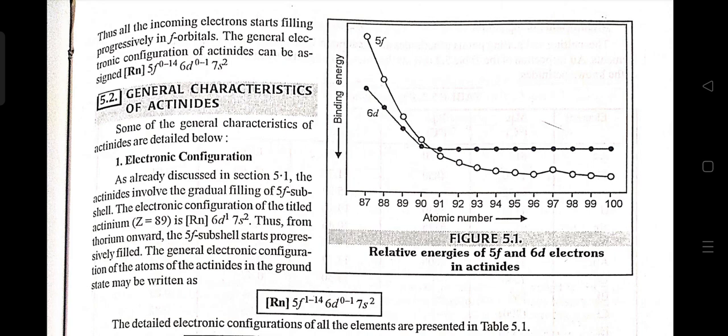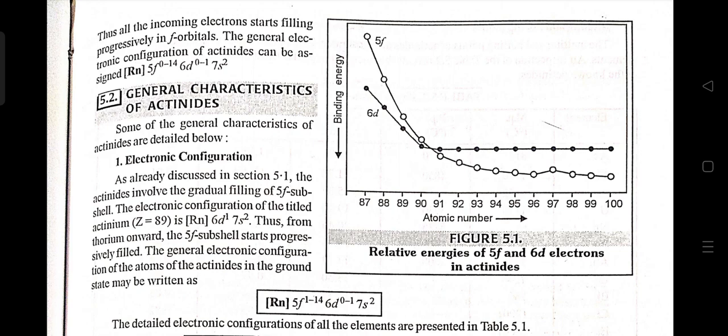The general characteristics of actinides. Some of the general characteristics of actinides are detailed below. Electronic configuration. As already discussed in section 5.1, the actinides involve the gradual filling of the 5f subshell. The electronic configuration of actinium is radon 6d1 7s2.